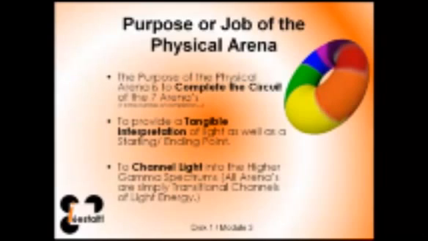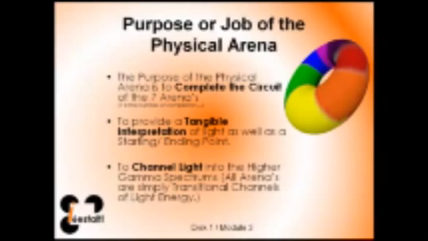Light starts in the physical arena, and it circulates, and it bounces off, it refracts and reflects and moves around, and then we receive it through the sensual arena and on into the emotional arena, the conscious, the subconscious, the sixth sense, into the eternal arena. So part of the purpose of the physical arena is literally to channel light into the higher spectrums, or, if you will, the lower spectrums.